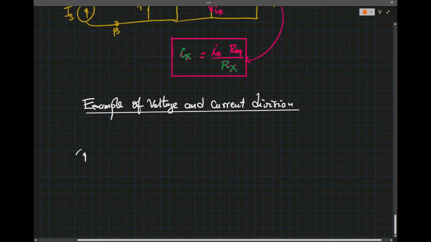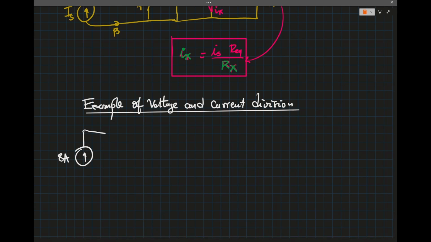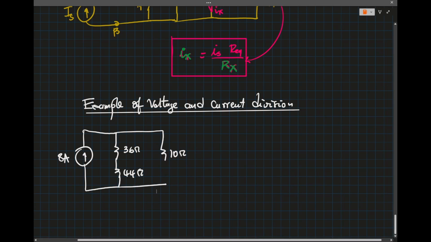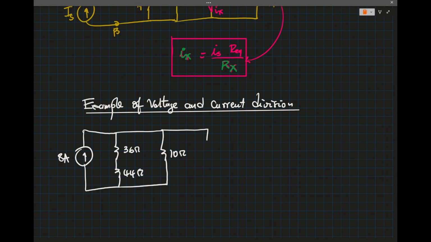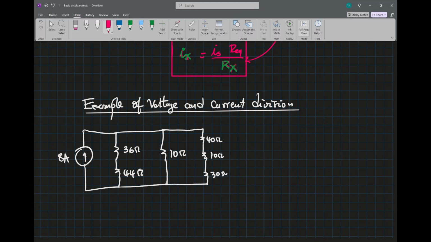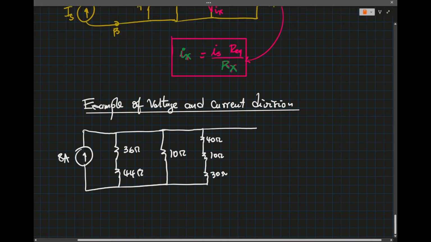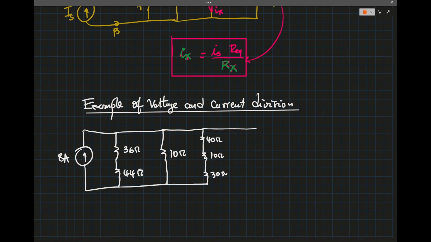Okay, so let's say we have 8 amps, we have 36 ohms, 44 ohms, and we have 10 ohms, and here we have 40 ohms, and we have 10 ohms, then we have 30 ohms, and we have the 24 ohms resistor here.